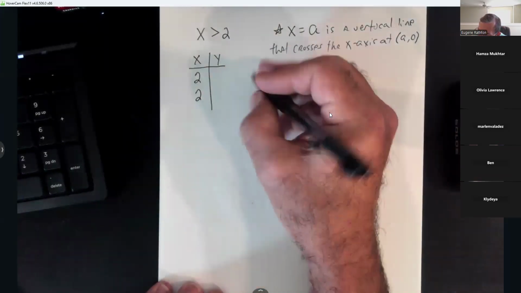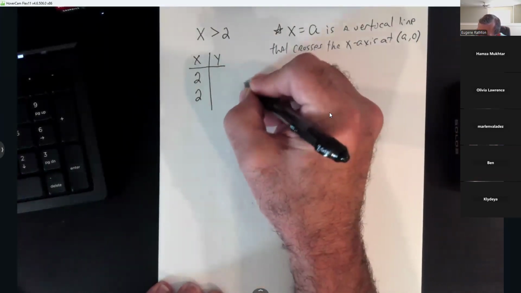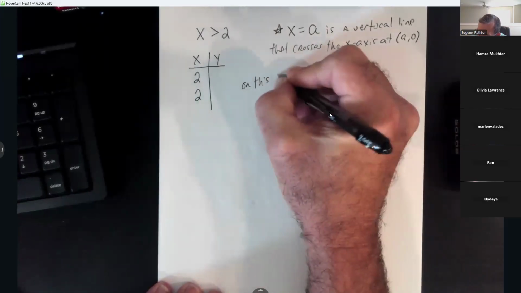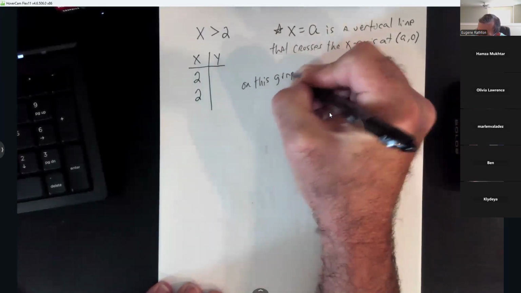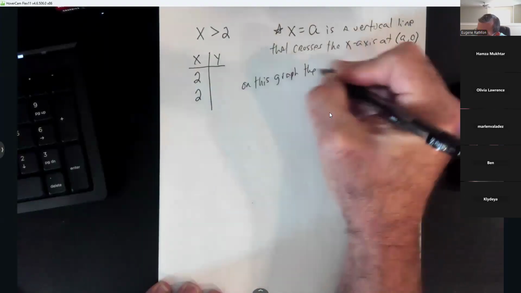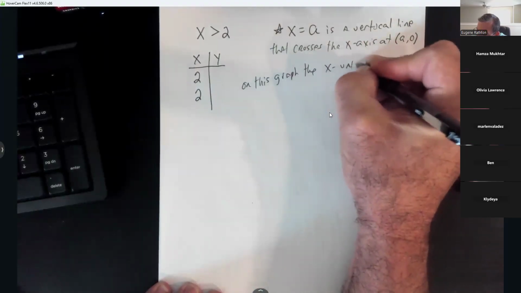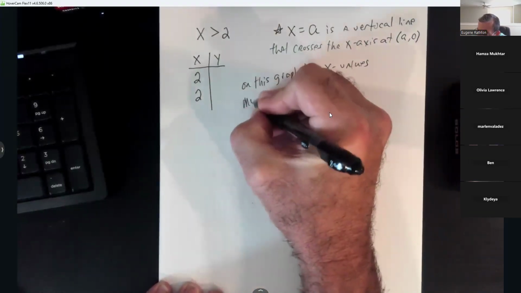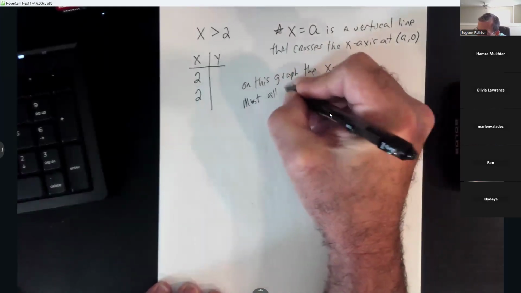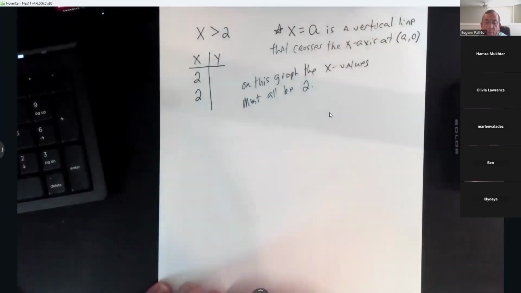So on this graph, the x values must all be 2.